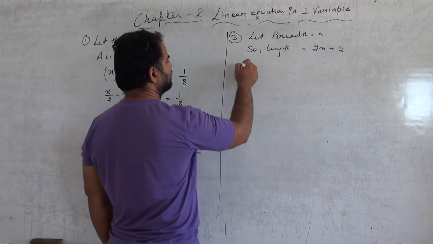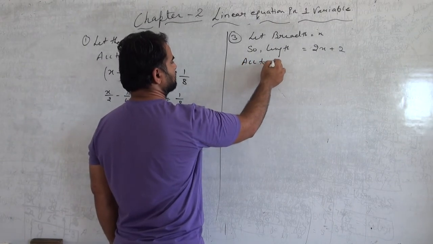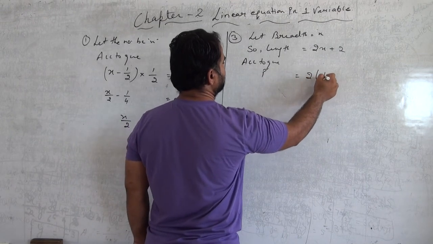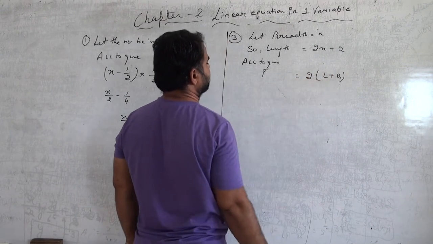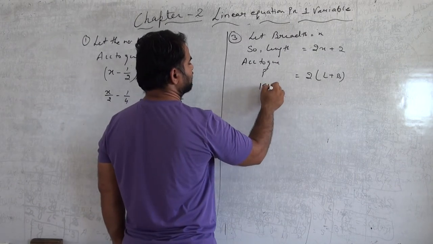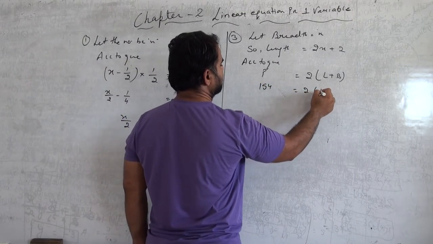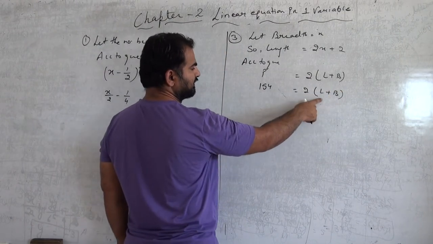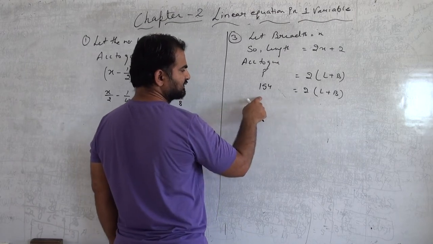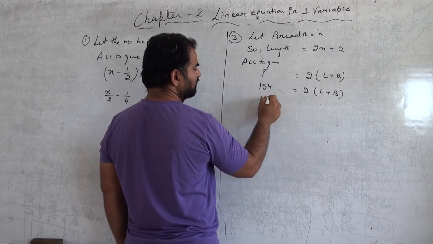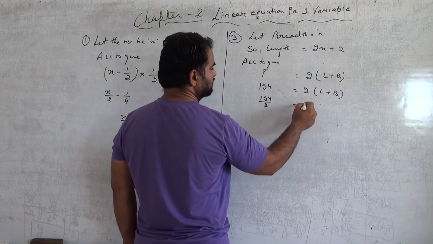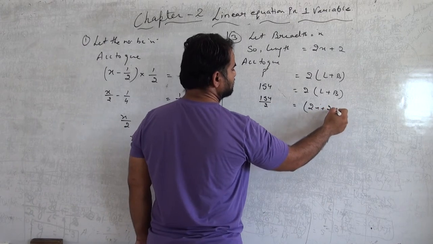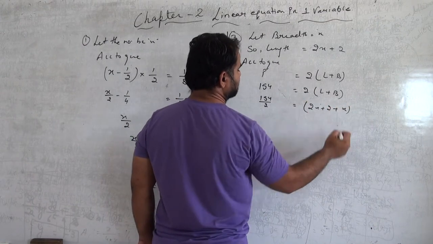So according to the question, perimeter equals 2 bracket L plus B. So 154 equals 2 bracket L plus B. This 2 is multiplying with L plus B, so when we change the side, it will be 154 by 2 equals bracket, the length 2x plus 2, and the breadth was x.